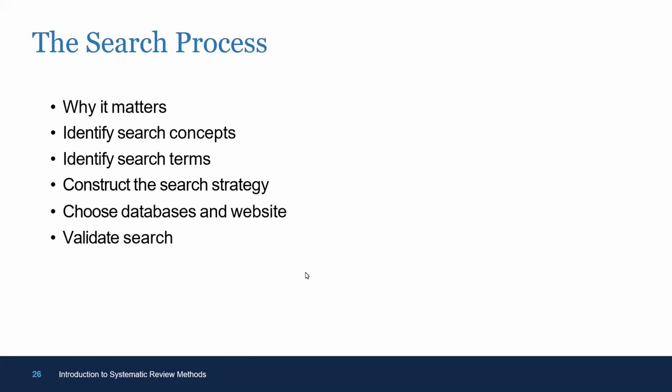And because of that, we also look at choosing the databases and the websites where we can get all these things we need, and validating the search. One thing we should take note of is you need to validate the search before you dive into the whole exercise. Because if this is wrong, what you're going to do down the process is also going to be wrong.